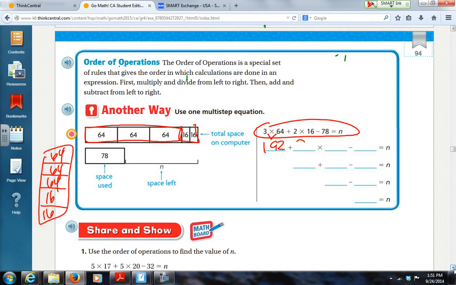Plus 2 times 16. They just rewrote the equation all the way through. Okay, now what do I solve? Daniel?